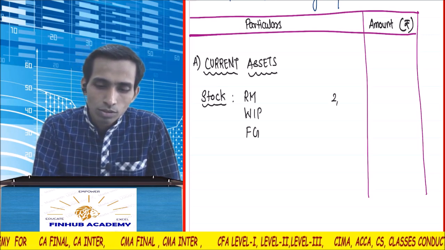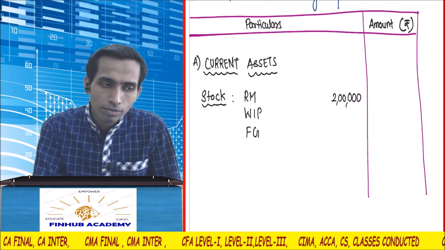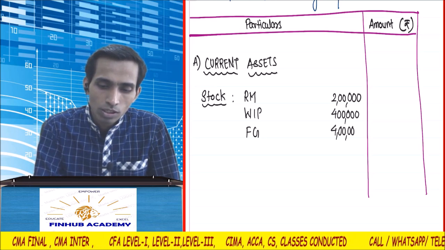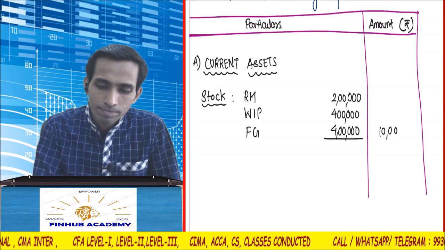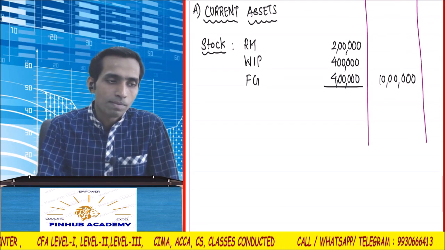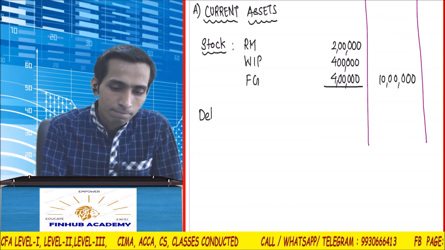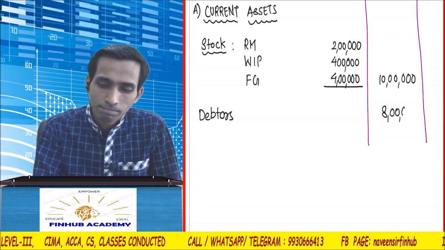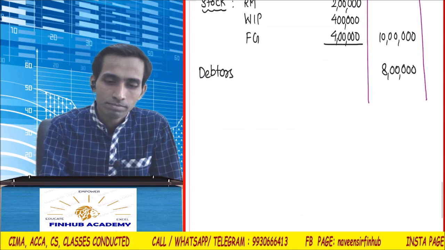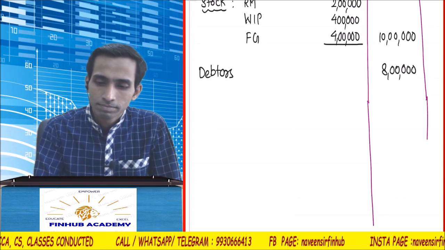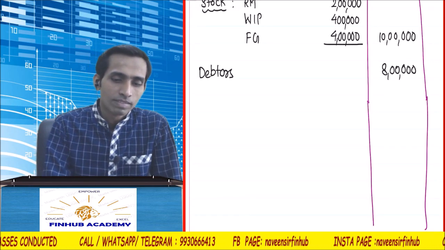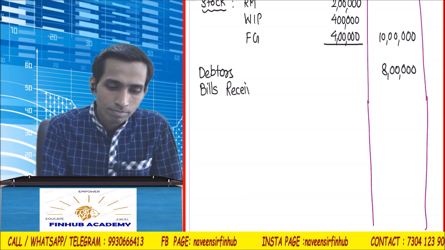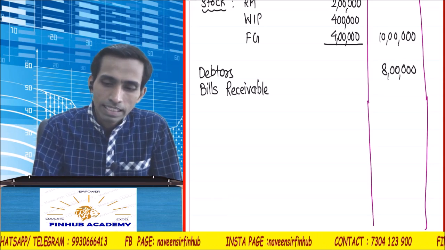Inside I can write 2 lakhs, inner column 4 lakhs, 4 lakhs, and the total outside stock is 10 lakhs. Debtors, 8 lakhs. Bills receivable, 8 lakhs.